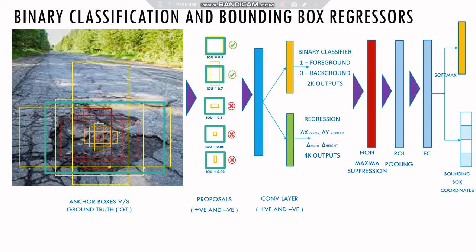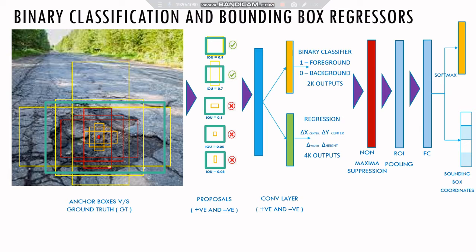Once these intersections over union are taken, this is taken into the network based on those positive and negative examples. As we saw, the positive examples were those with an IOU greater than 0.7, or, if there are no proposals with an IOU greater than or equal to 0.7, the largest IOU was taken.